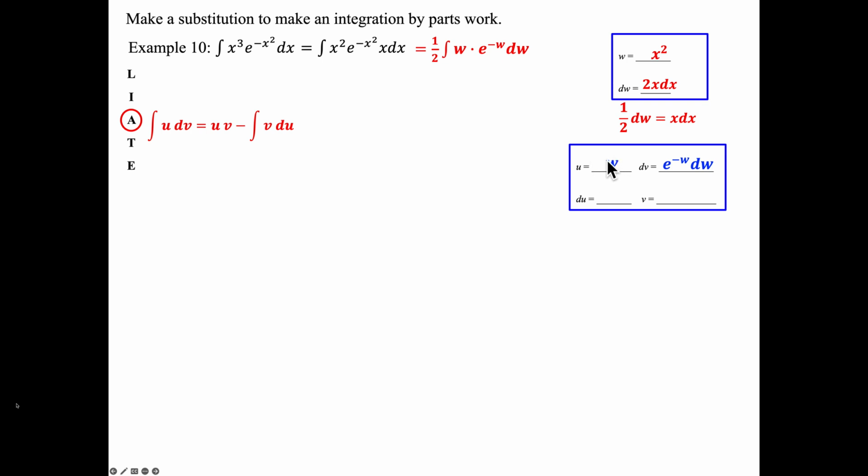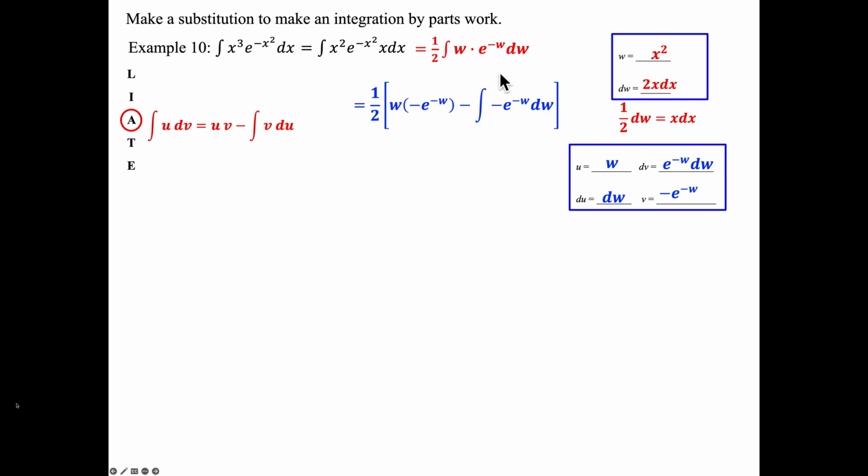The derivative of w is just dw. Nice and easy. Integrating e to the negative w is just e to the negative w, but again, remember, you're going to have to take the derivative of the negative w, which is just negative, and multiply or divide it, especially when you've got negative 1, it doesn't matter whether it's multiply or divide.